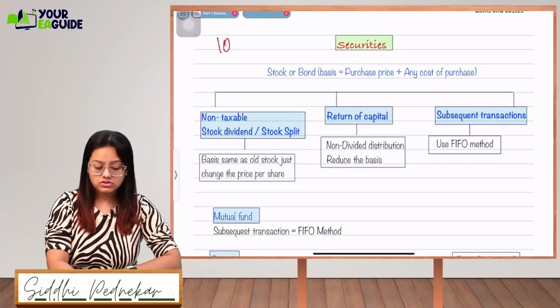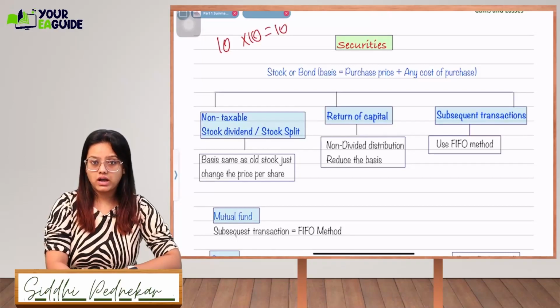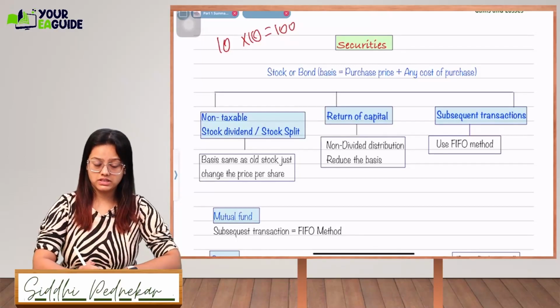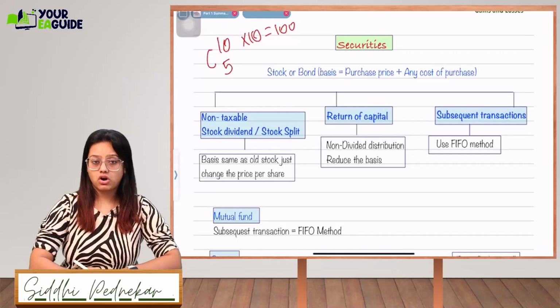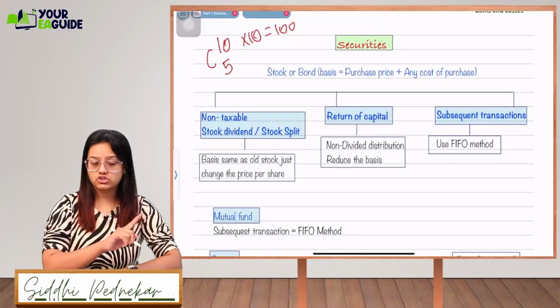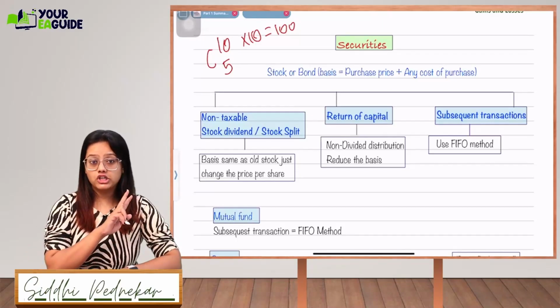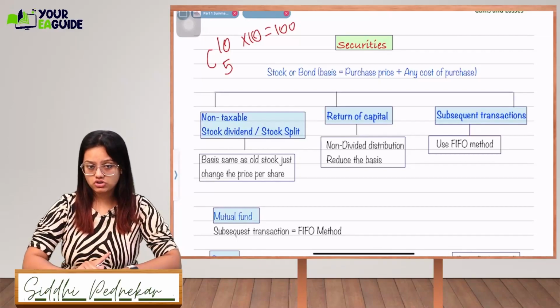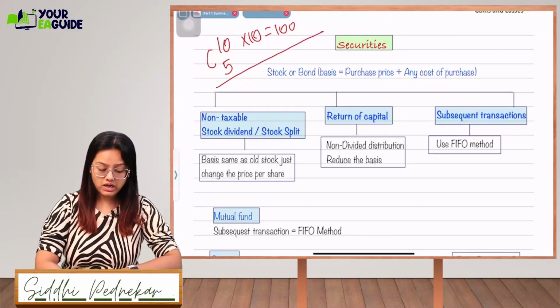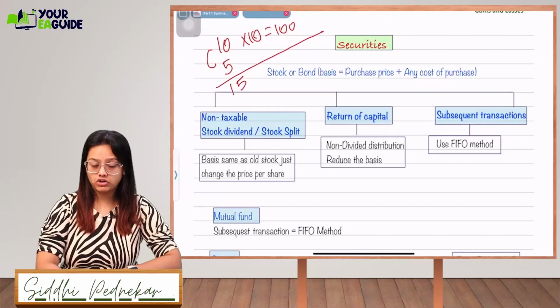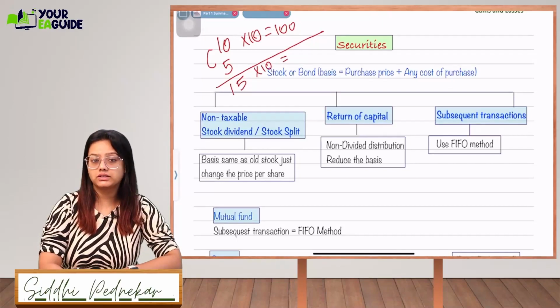See, 10 stocks are there at $10, so you already have $100 as your basis. Now you are receiving 5 more stock as a stock split, for each 2 stock you receive 1 stock. So now the total number of shares you are holding is 15. You are not going to multiply it by 10 and make it $150.